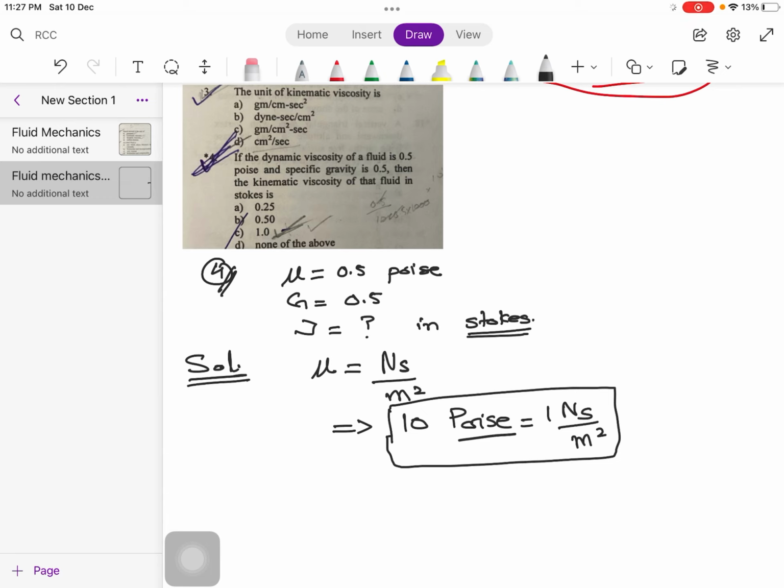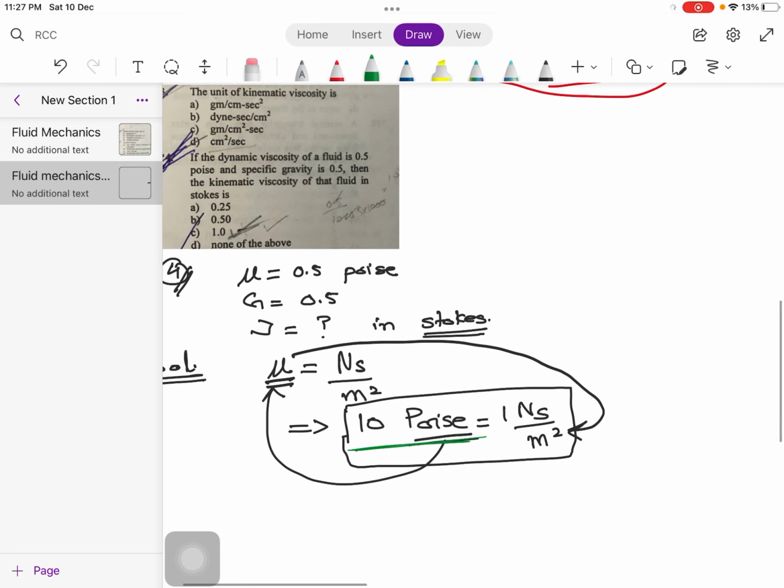So poise is the smaller unit for dynamic viscosity, and Newton second per meter square is the standard unit for dynamic viscosity. So we need to remember this relation: 10 poises equal 1 Newton second upon meter square.